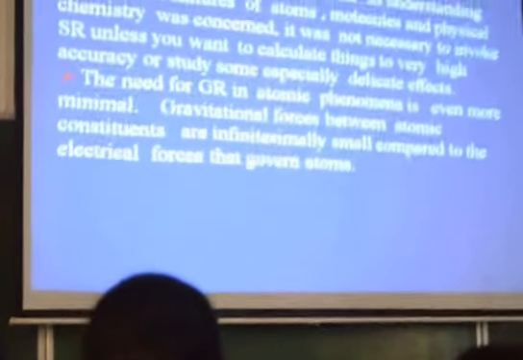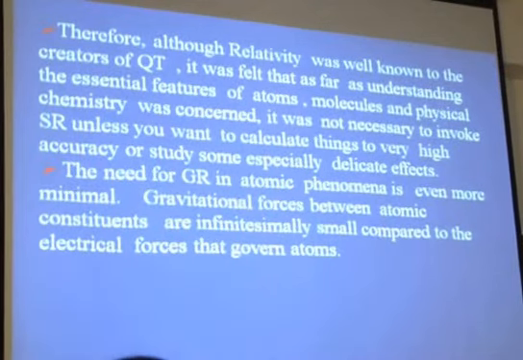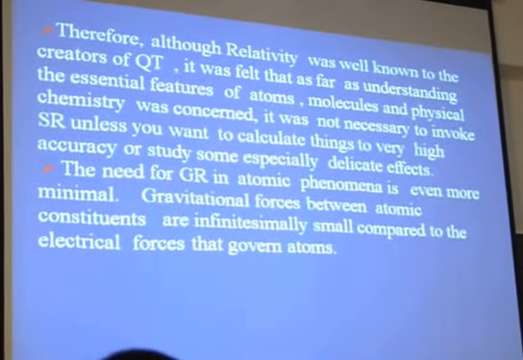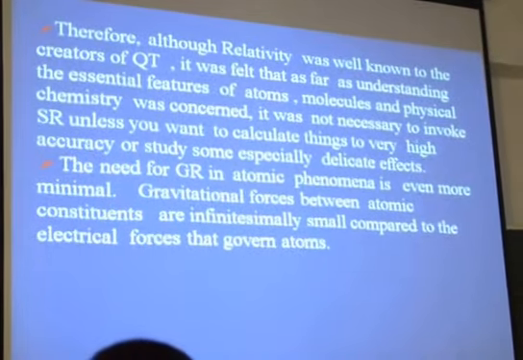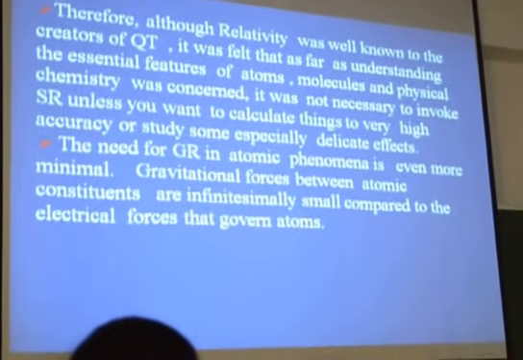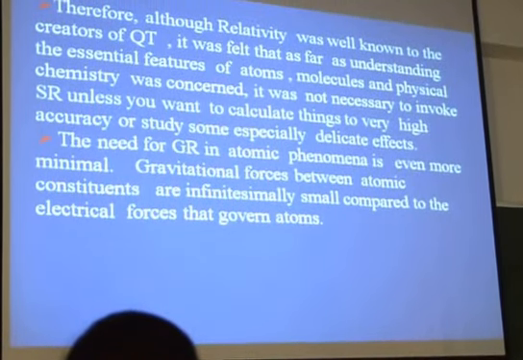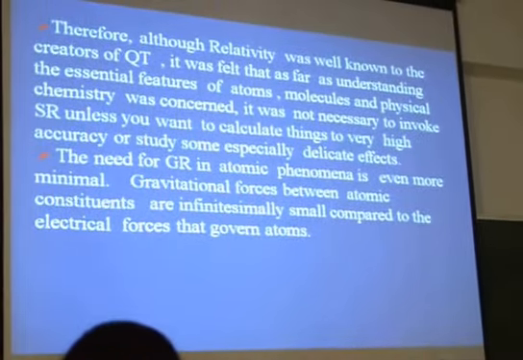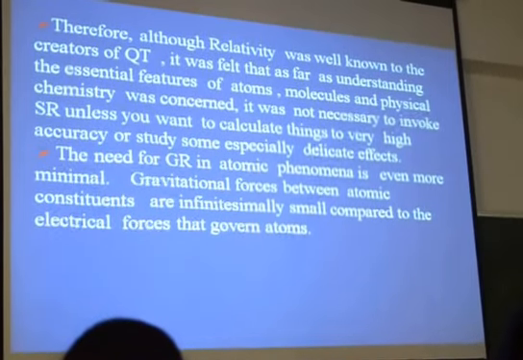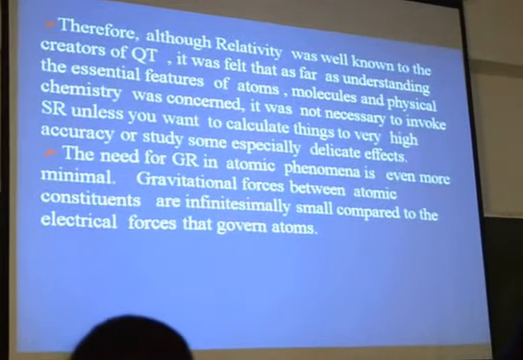So it's not that the creators of quantum mechanics didn't know relativity, in fact some of them were the same guys, Einstein. There was just no great urgency to marry relativity and quantum mechanics, making your life unnecessarily difficult. Quantum mechanics is hard enough. So they work with non-relativistic quantum mechanics. They've got beautiful results. So unless you want to go to very high accuracy or study some very delicate effects of the order of 1 in 10,000, you don't need relativity.